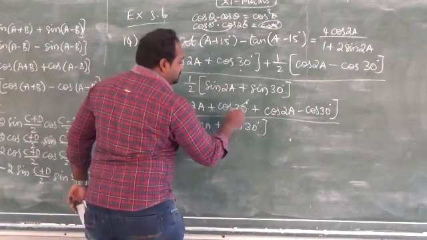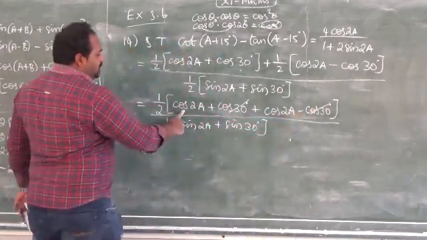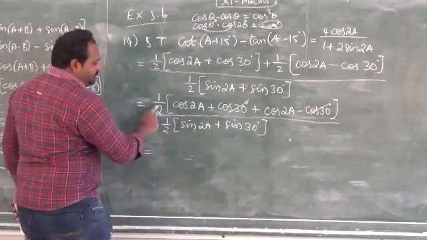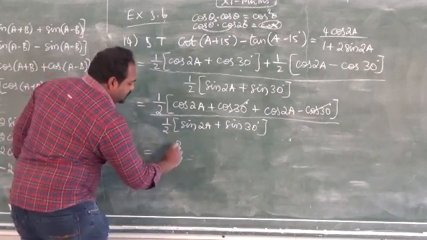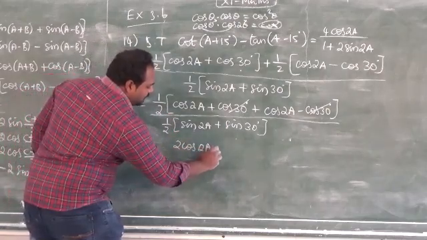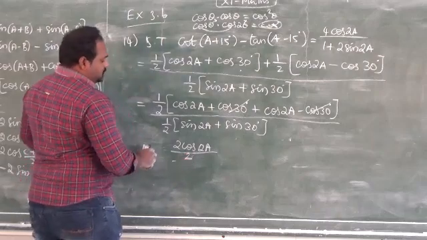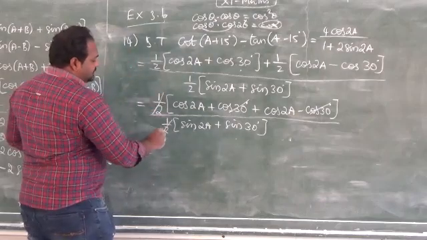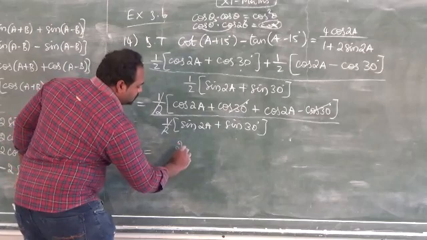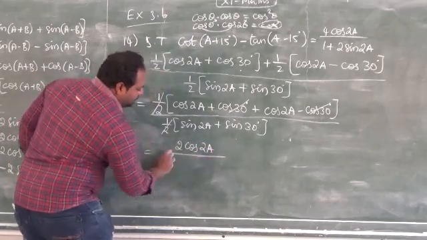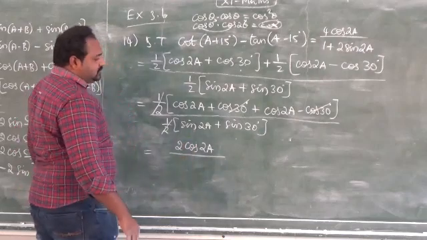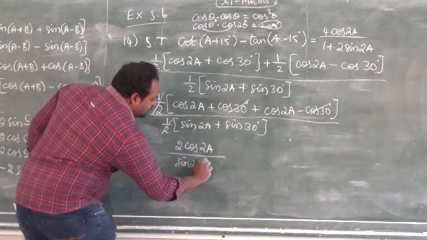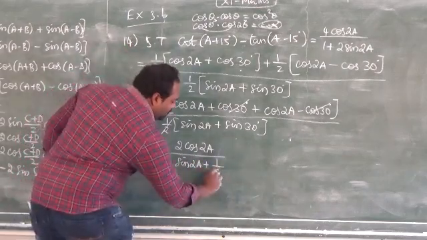Next, cos 30 minus cos 30 will be cancelled. Cos 2A plus cos 2A is 2 cos 2A, multiplied with 1 by 2. Sorry, wait a second. Here we can directly cancel this 1 by 2 and 1 by 2. So it is 2 cos 2A divided by sin 2A plus sin 30, whose value is 1 by 2.